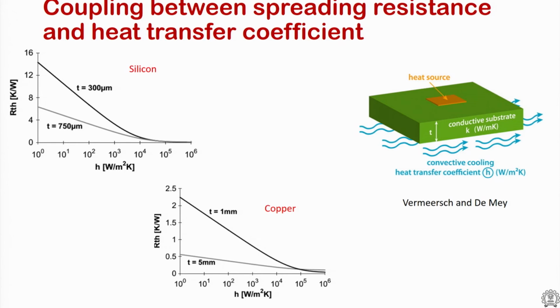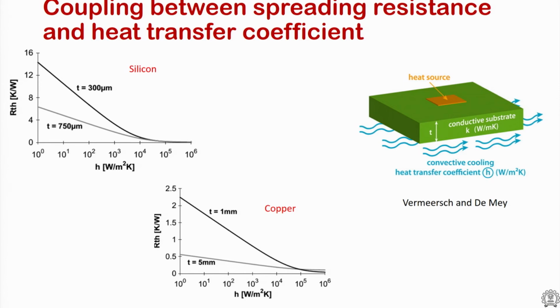In many of these problems, as shown on the left hand side, let's take for example the silicon plot. There is R thermal, that is the thermal resistance from the heat source all the way to the ambient, versus heat transfer coefficient. You see that it is shown in decades; the horizontal axis is a log plot.